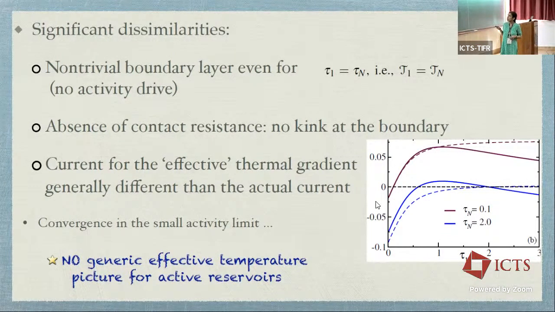The dashed line is the current expected from these effective temperatures, and the solid lines are the actual currents from the exact computation. You see that these don't match except in this brown curve. This is a special situation where it matches, for small tau 1 and tau n. This is the so-called passive limit. But in general, no effective temperature picture can be built.